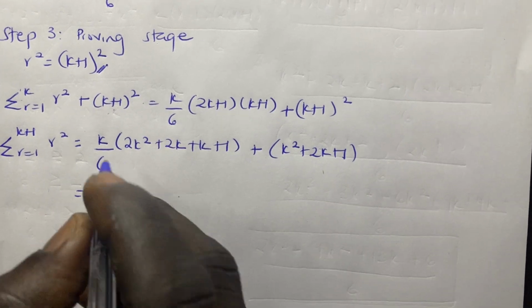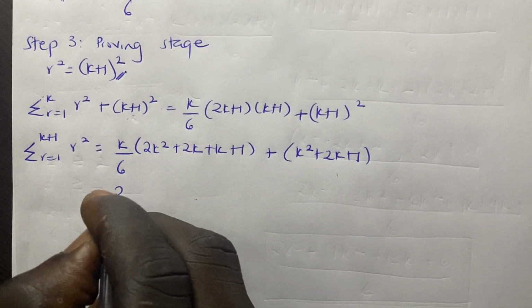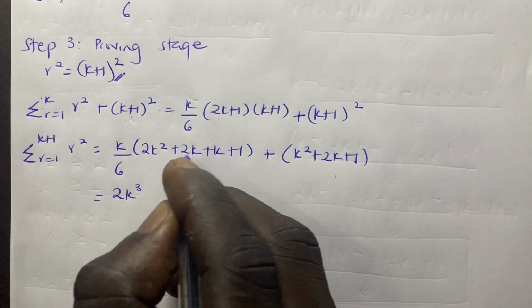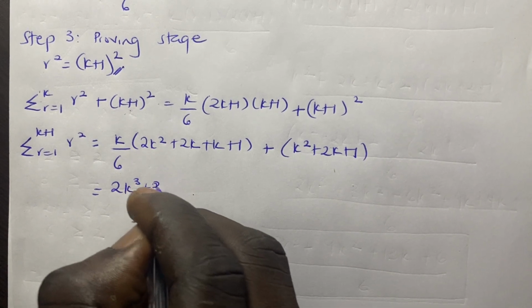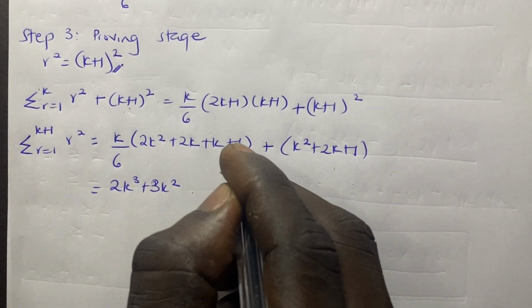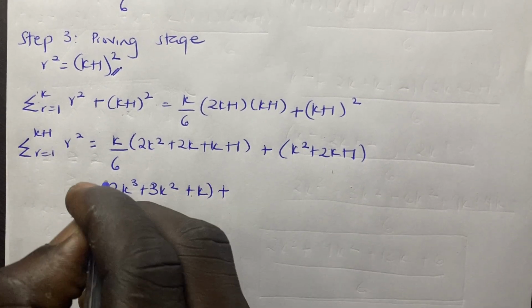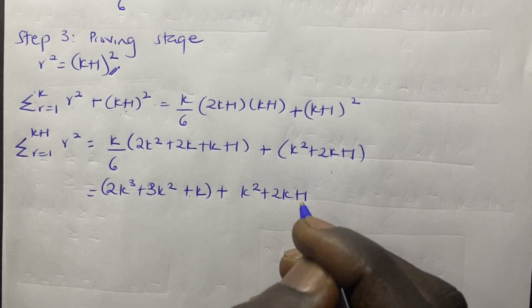So we can straight away multiply this one through. So you're getting 2k cubed. Here, the 2 of this is going to give us 3k times k, which gives plus 3k squared, and this plus this is going to give us k, right? Plus k squared plus 2k plus 1.